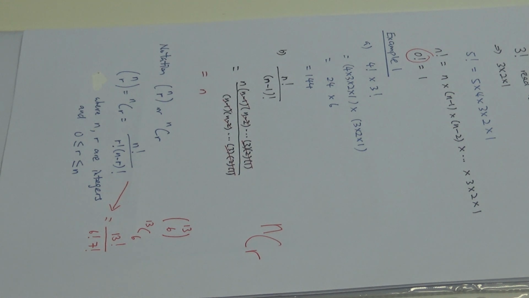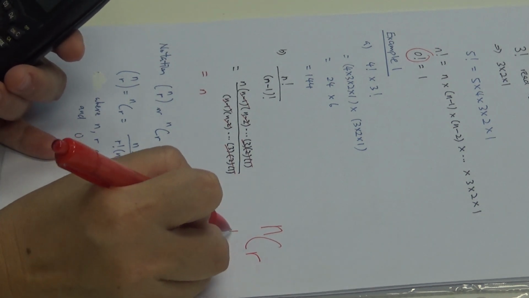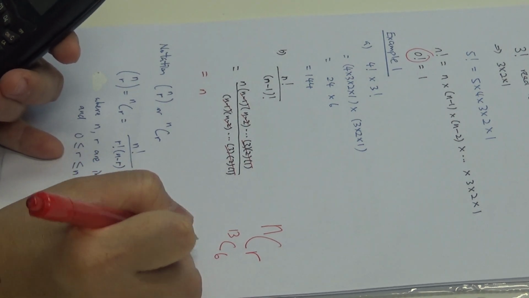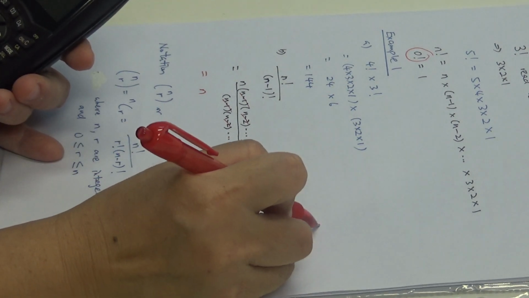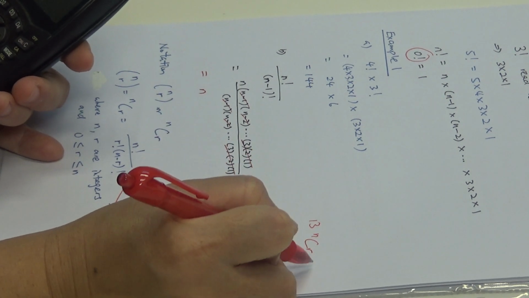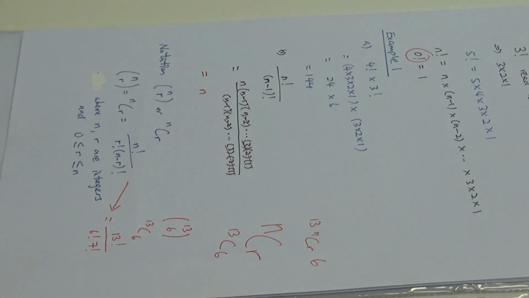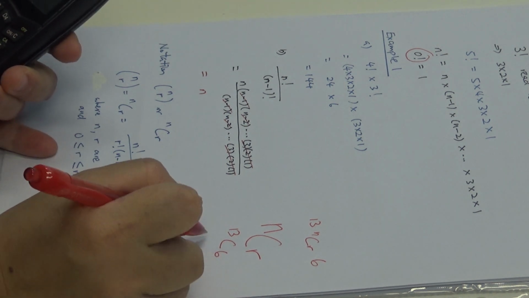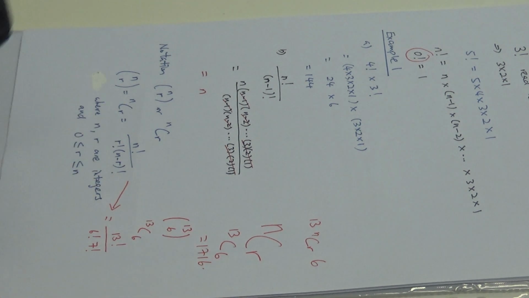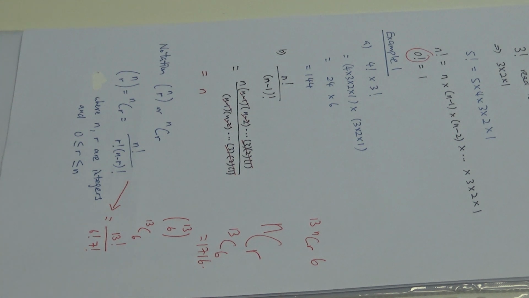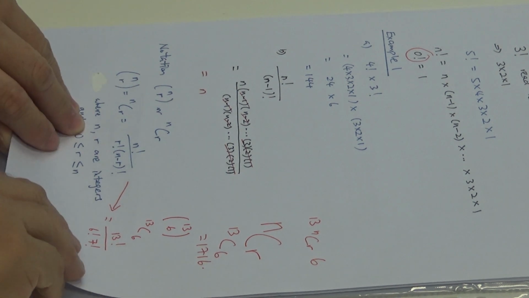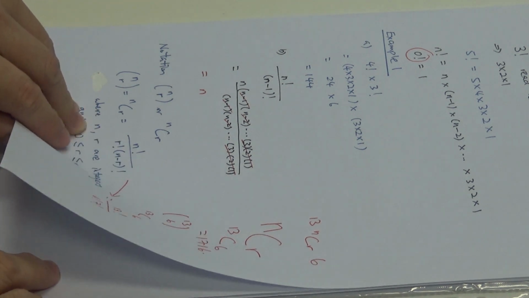If we have 13 choose 6, we key in 13 nCr 6, and it will give you the answer, 1716. So that's how we key in n choose r with the calculator. This will be illustrated again later in my examples.